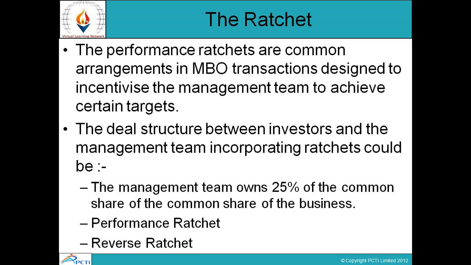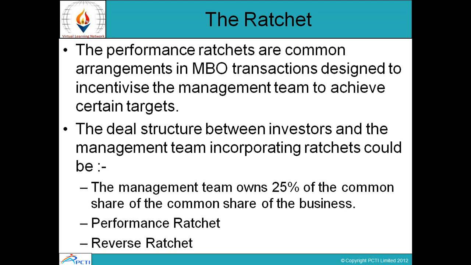It states that if the capitalized value of the business upon sale or flotation is 40 or better, then the management team shall receive 30% of the common shares of the business. The last one is reverse ratchets. If the capitalized value of the business upon sale or flotation is 20 or less, then the management team shall receive 20% of the common shares of the business.